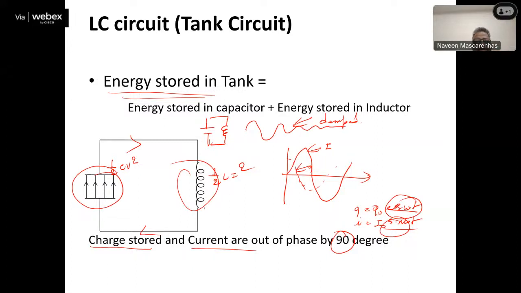So there are two losses here, invisible radiation and heat loss, and that's how the oscillations keep dying. Otherwise, you should get sinusoidal oscillation, no? So that's why this circuit, the tank circuit, is very important. It gives you sinusoidal oscillations, and every oscillator circuit, if it is an LC oscillator, uses this tank.